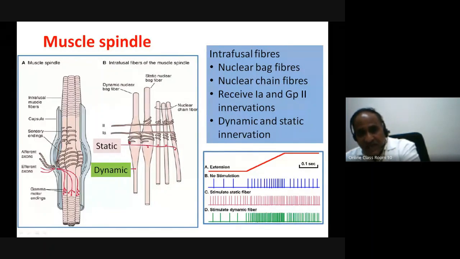These dynamic fibers in the bulb region are supplied by the afferent nerve, a fast conducting group 1A afferent.